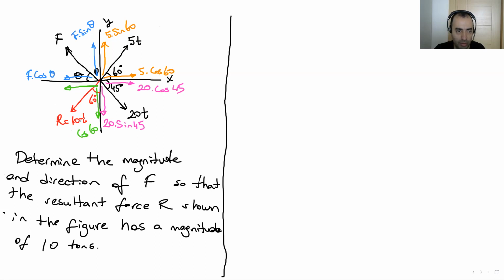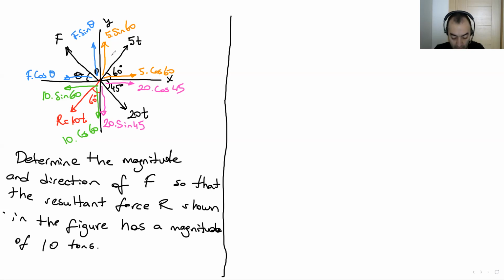We know the magnitude is 10. 10 times cosine 60, and here 10 times sine 60. So we have all these components. Let me write the results here.